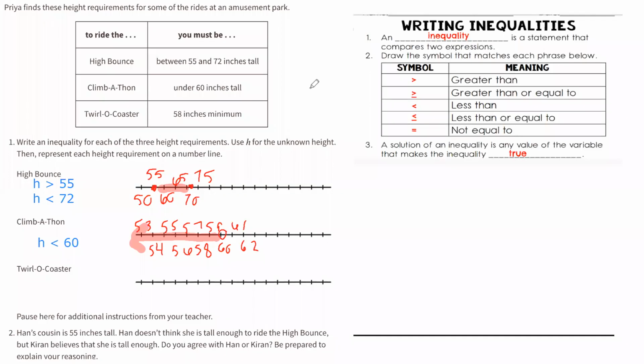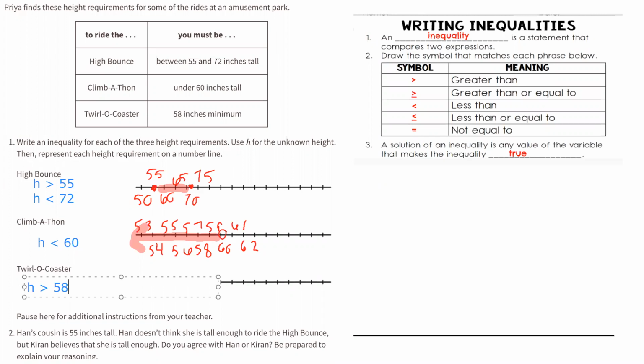Looking at our last one, Twirl-a-Coaster, you have to be 58 inches minimum. That means our inequality is h, the height, must be greater than or equal to 58 inches, because the minimum is 58.